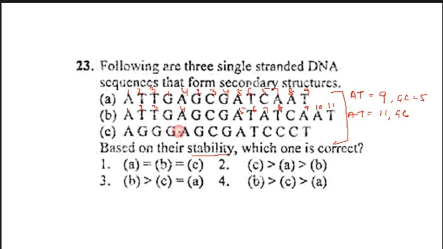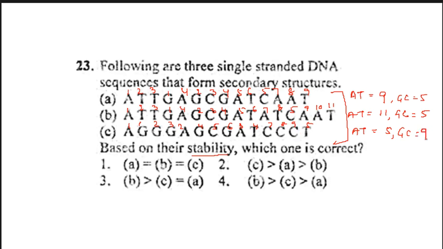And GC is how much? 1, 2, 3, 4, 5. 5 GCs are there. For the third one, 1, 2, 3, 4, 5 ATs are there. And how many GCs are there? 1, 2, 3, 4, 5, 6, 7, 8, 9 GCs are there.